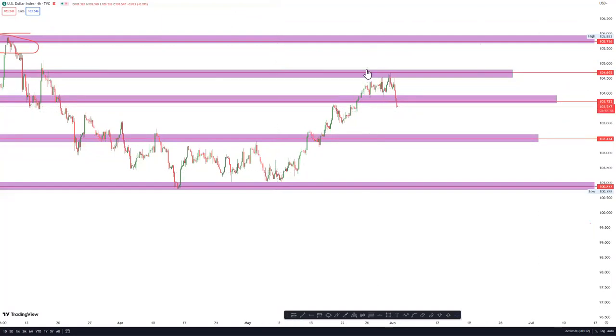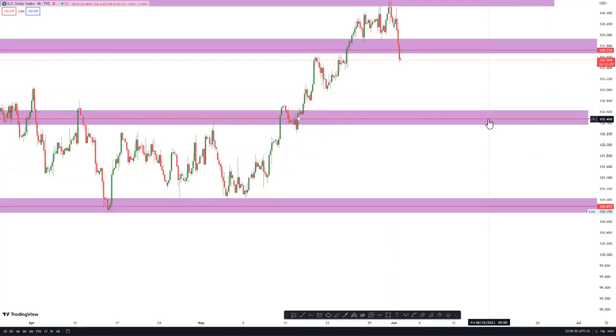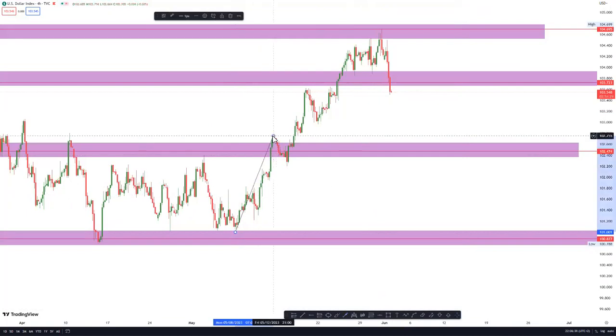Now, if we were to take a close look at where current price was at, let's quickly zoom in. Price here created a low, made a high. Okay, let me use the other one, the arrows.